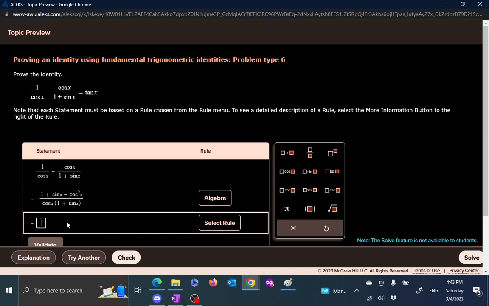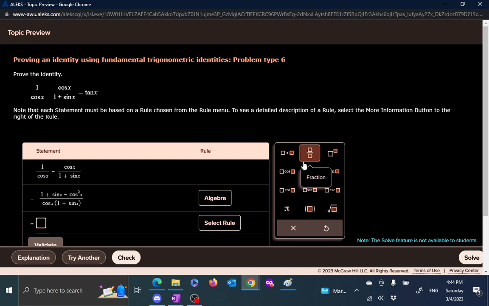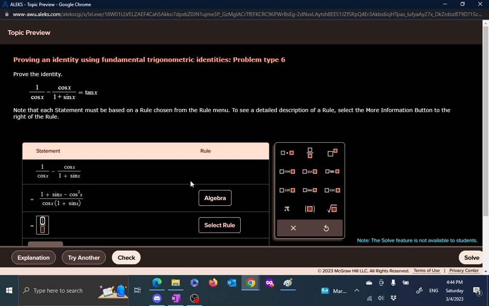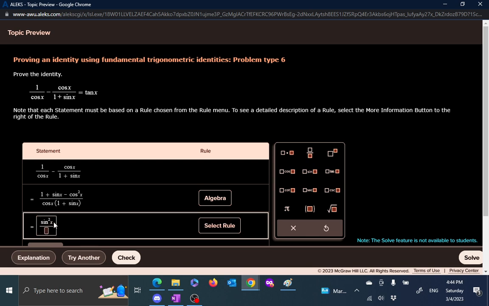Next, what can I see here? I'll see that I have 1 minus cosine square of x. So what does that remind me of? That's by a Pythagorean identity, that's just sine square, is that right? So I have 1 minus cosine square, I write it as sine square of x.